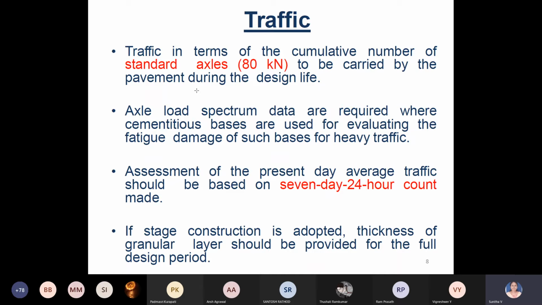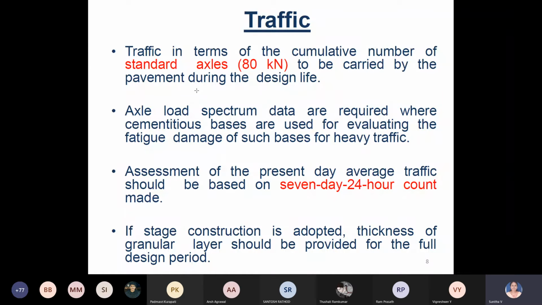Say if initially it requires only 60 thickness, then later if it warrants 100, you can provide that additional 40 at a later stage. That is possible only in flexible pavement, not possible in rigid pavement. If the total thickness of the cement concrete is 25, you can't provide 20 and 5 later.